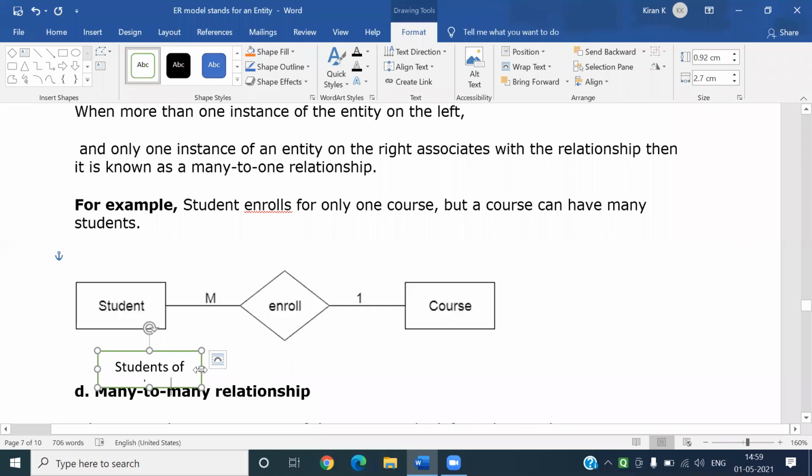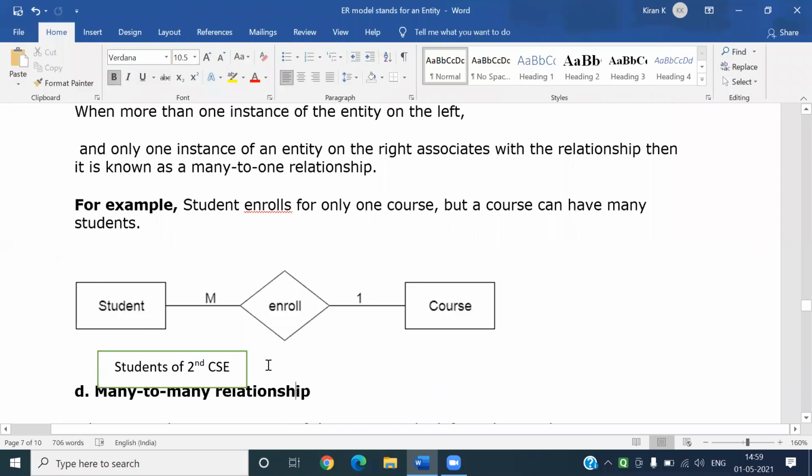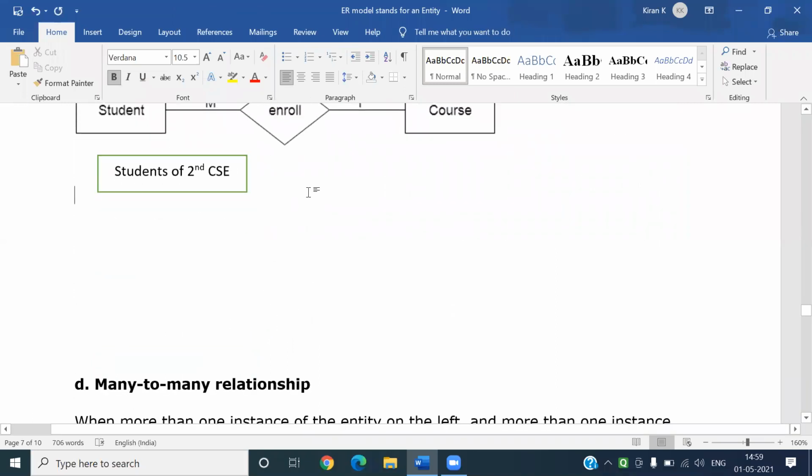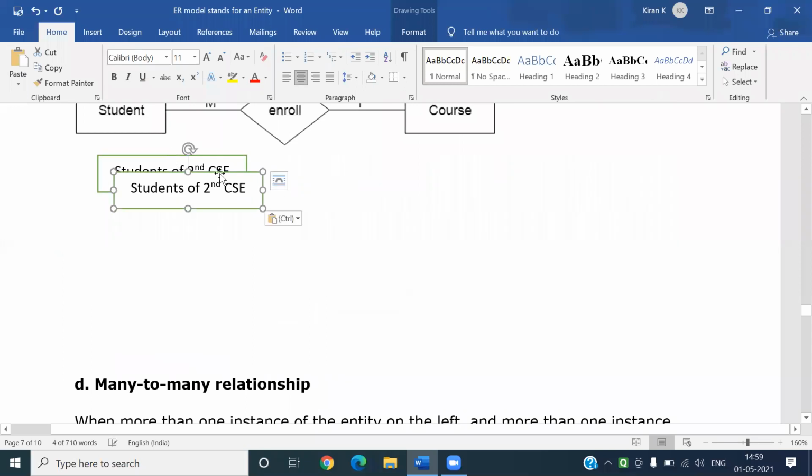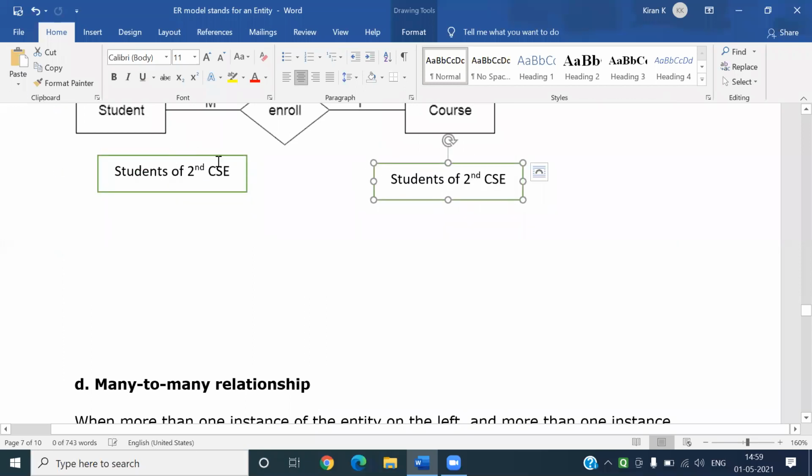Students of second CSE, right? Now we take second CSE 2021, or we can say 19 batch, 19B.